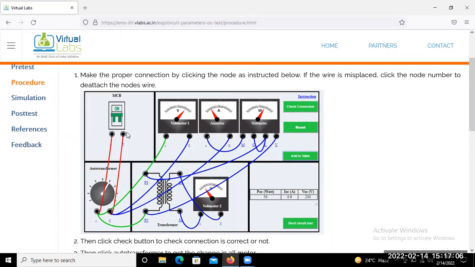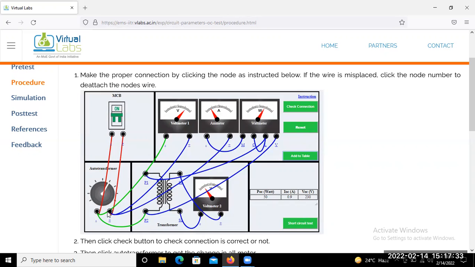And this is your MCB, that means your power. If you put it in the upside position, then it will be on. Okay, so from this point we give power to the auto transformer, that means the positive polarity of this MCB is connected to the positive polarity of the auto transformer, and the negative of this MCB is connected to the negative of the auto transformer.